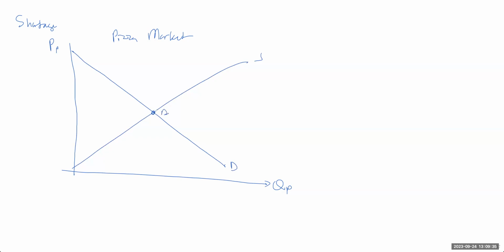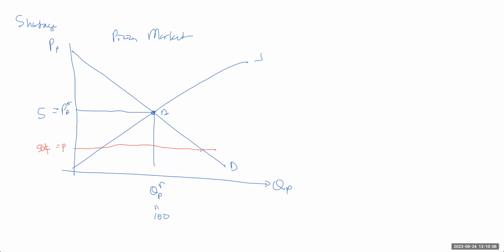This is happy-go-lucky equilibrium: P star, Q star, 100 slices of pizza at $5 each. But we're not there for some reason. For some reason, we're down here, and the price of pizza is like 50 cents a slice.